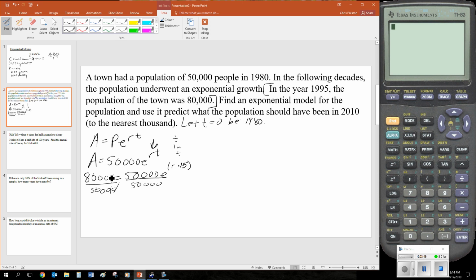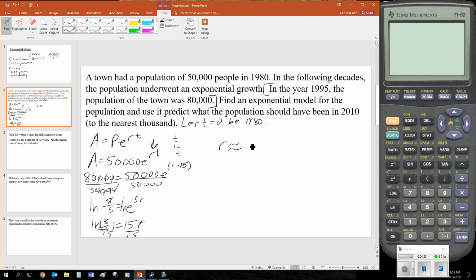That's going to cross off that and give me 8/5, which will come out nice if I put it in a calculator, but typically this is going to come out to be a nasty thing. Then I'm going to take the natural log of both sides. Natural log of 8/5 equals, and natural log and e cancel each other out, and you get 15r. Then to get r by itself, I'm going to divide both sides by 15.